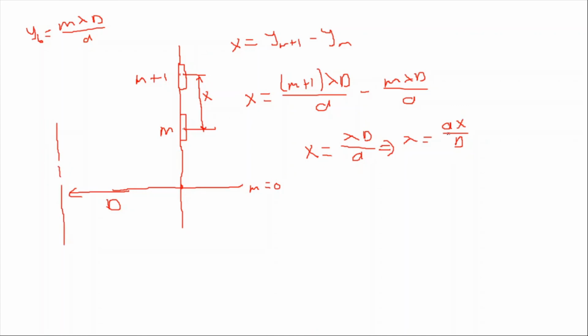So it seems from this formula that if we increase the wavelength of the light, the fringe separation will increase. They are directly proportional. If we increase the distance between the slits and the screen, this d, again the fringe separation is going to increase. The only way to decrease the fringe separation is to decrease the distance between the two slits. This is a.